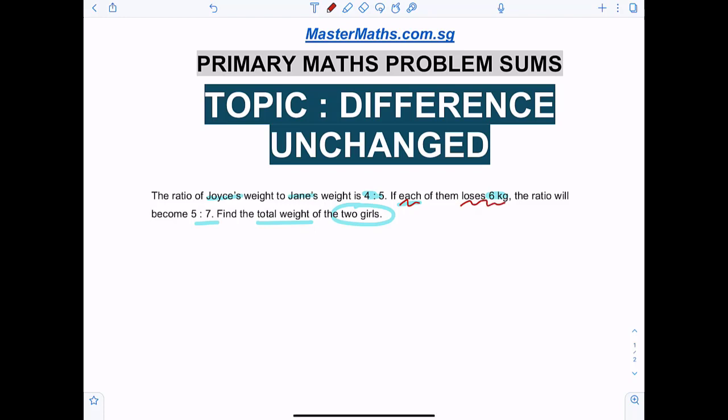Now, when each of the item or person loses or gives away equal quantities, the difference must remain the same.